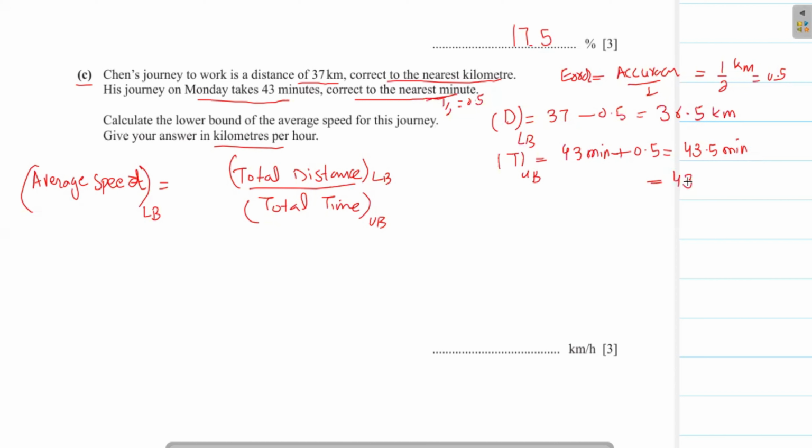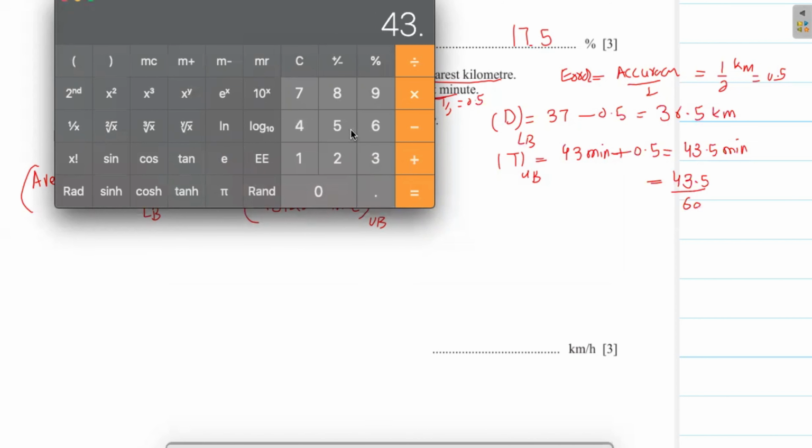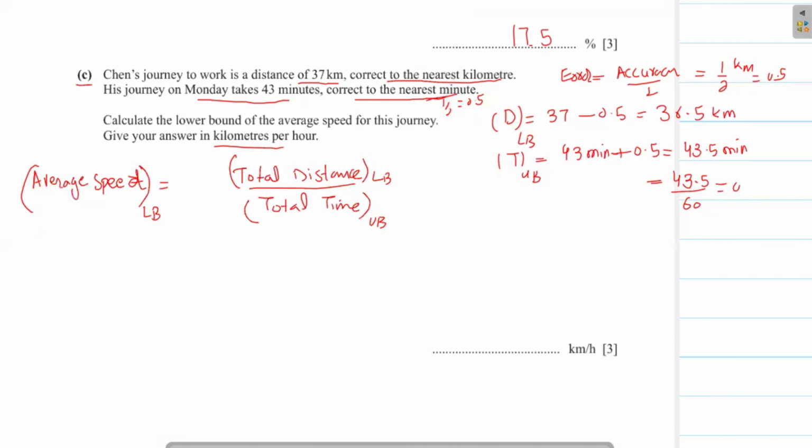This will be equal to 43.5 divided by 60, and this will be equal to 0.725 hours. We substitute the value here. This is 36.5 divided by 0.725.